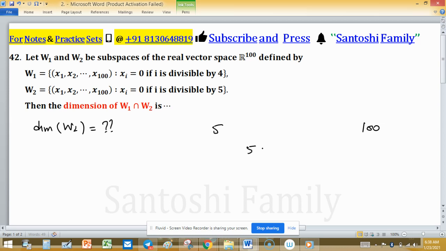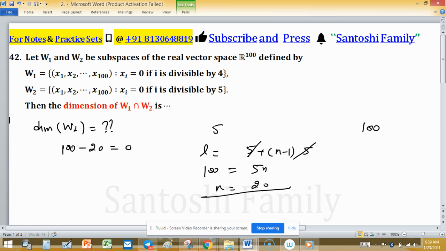So by the formula L equals A plus (n minus 1) into d, the last term or nth term, A plus (n minus 1) into 5, because the common difference is 5. So this 5 cancels out, and 100 equals 5n. So n equals 20. So the dimension of W2 will be 100 minus 20, equal to 80.